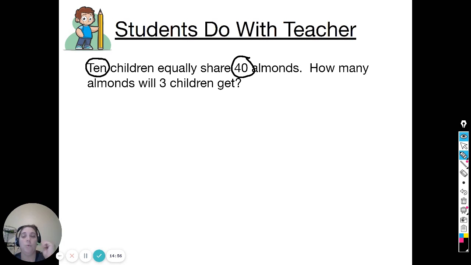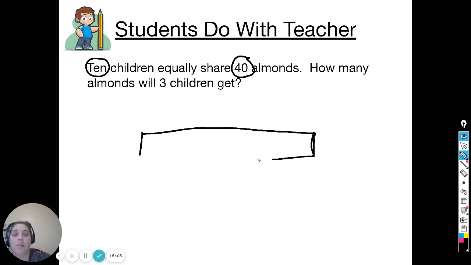On your whiteboard, let's go ahead and start with our tape diagram, and there's 10 children, so I know it's going to be a long one. So go ahead and make your long tape diagram. Now let's break it into 10 pieces, okay?